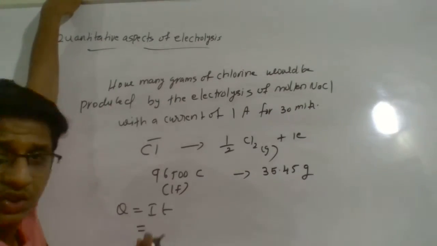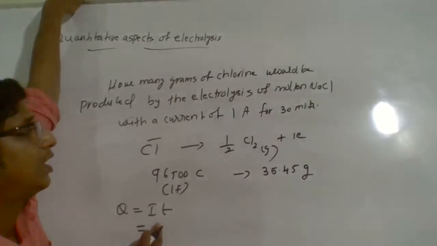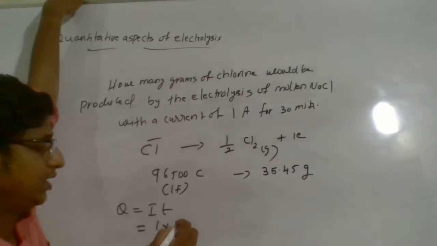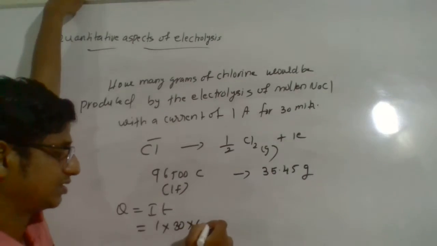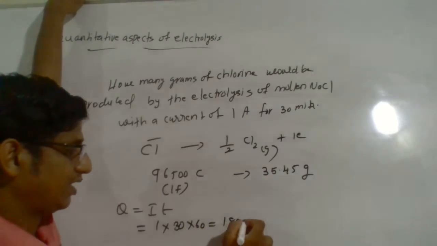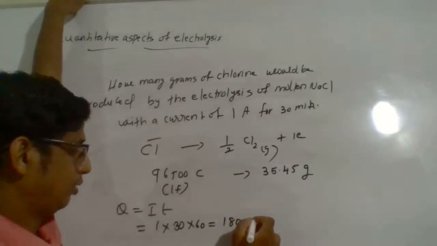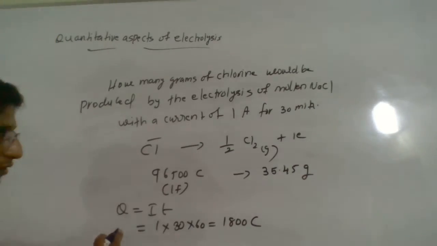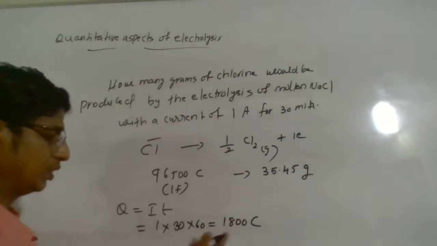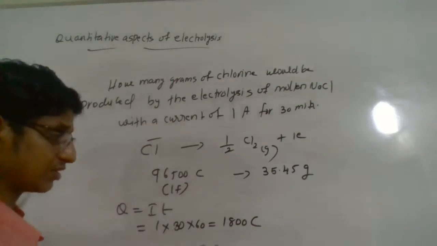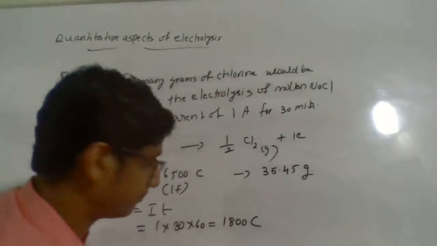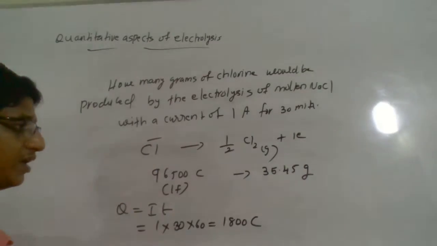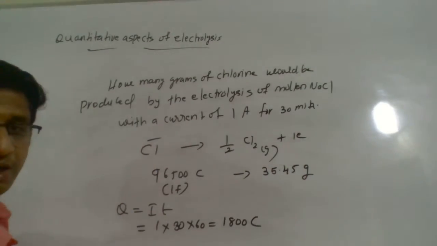So Q is equal to 1 into 30 minutes, always expressed in seconds, so 30 into 60, which is equal to 1800 coulomb. So the amount of electricity actually passing through the electrolyte, sodium chloride here, is 1800 coulomb.